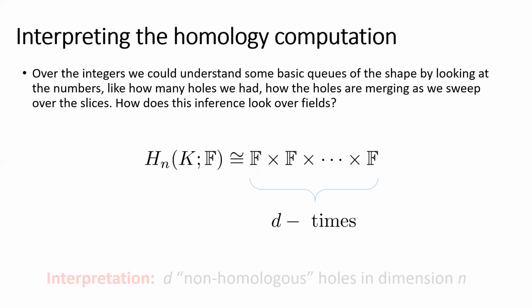The interpretation is that you're getting d non-homologous holes of dimension n, right? So the number of factors that you have in here is the number of holes, and the dimension that you have in here is the homological dimension, sort of the dimension of the hole that you're measuring.